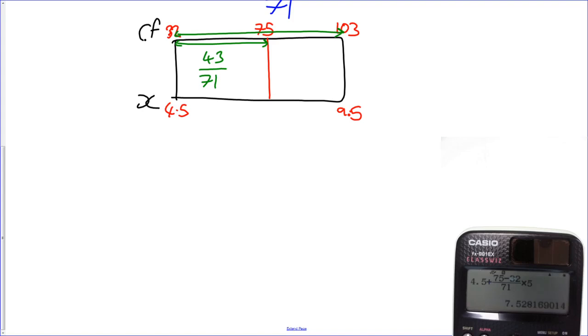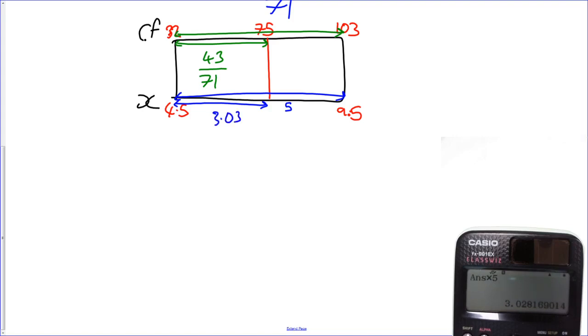So knowing that this bottom bit here is actually 5, we can work out this length by doing 43 out of 71 times 5. So let's just do that. This is 43 out of 71 times 5, and this gives us 3.028, so 3.03.